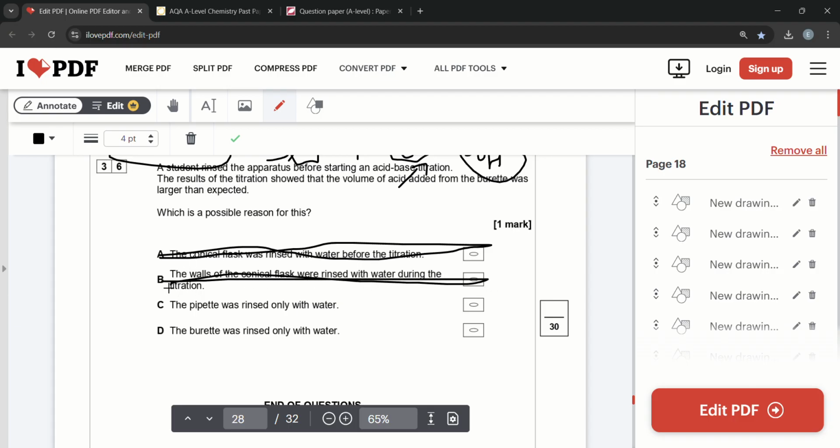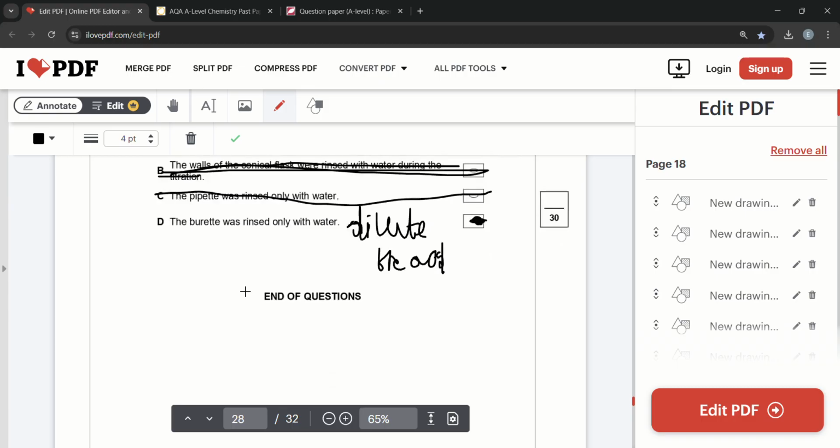That's also fine. The pipette was rinsed only with water. That's fine. The burette was rinsed only with water. That will dilute the acid, and that is not fine. That is the reason the volume of acid from the burette was larger than expected.